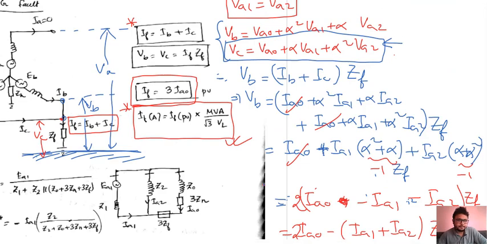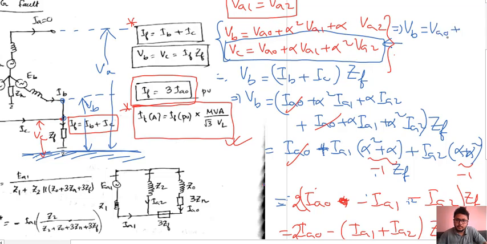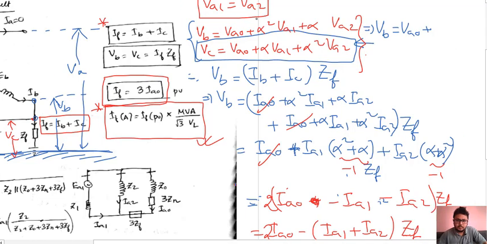Next part is your VB equal to... let me solve this part. From here I can write VB equal to VA naught plus alpha square. We have already got VA1 and VA2 equal, so let me replace VA2 by VA1. If I replace VA2 by VA1, I can take VA1 as common. What will come: alpha square plus alpha.